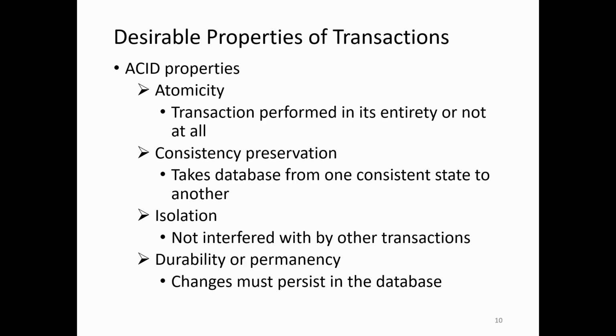Each and every single operation in that transaction should be completed for the transaction to be completed. And a transaction not performed at all means it is completely aborted, right?